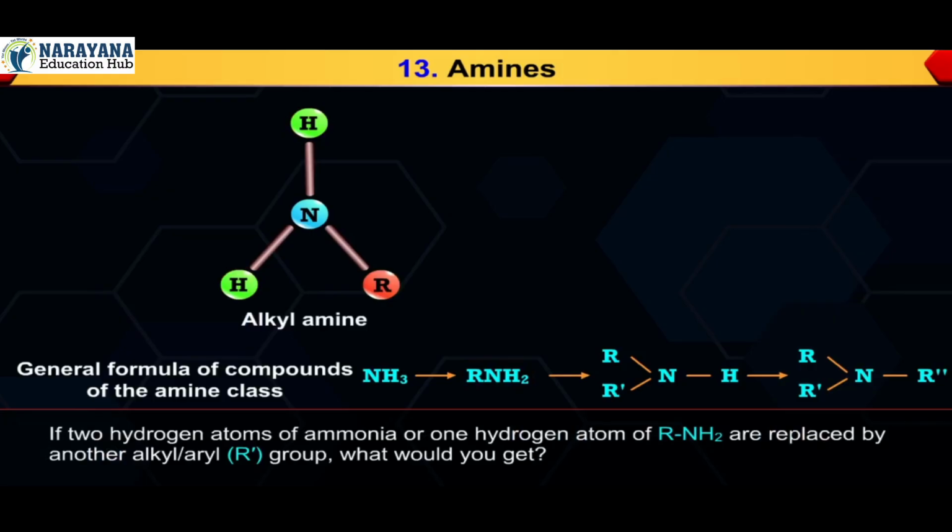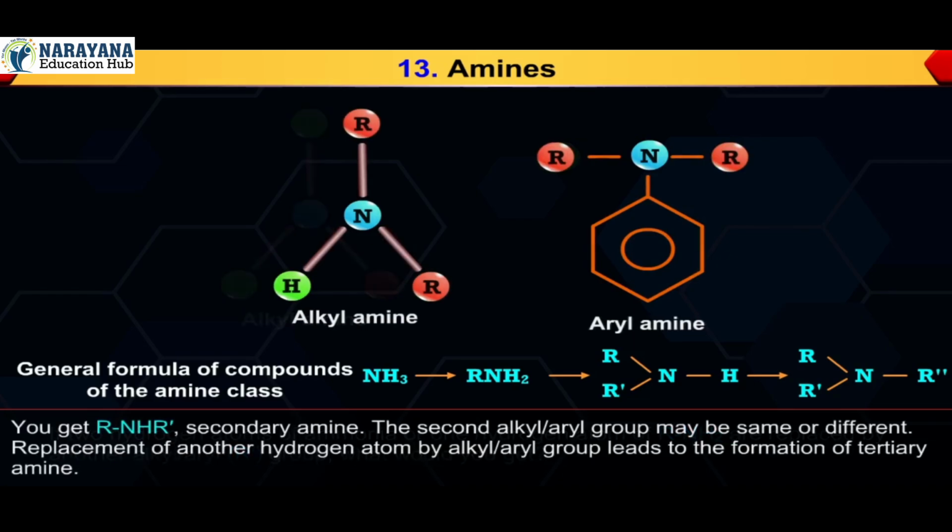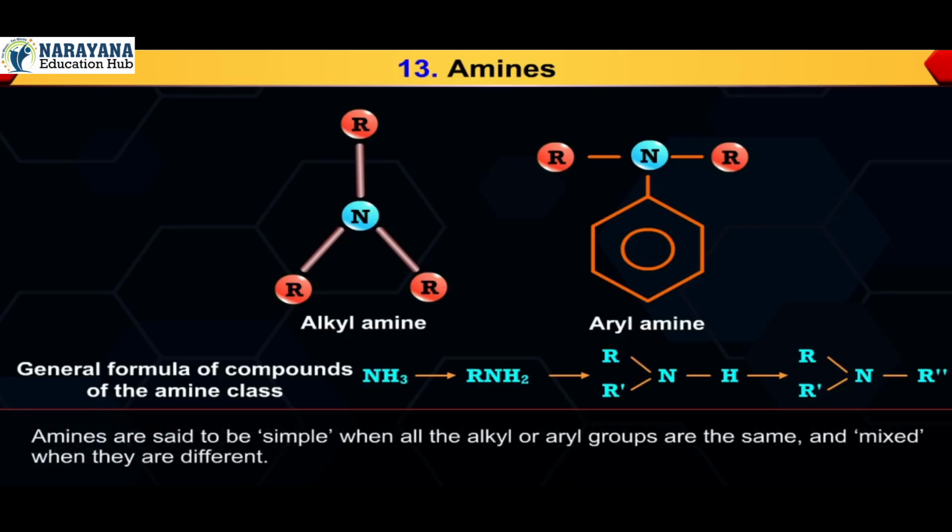If two hydrogen atoms of ammonia or one hydrogen atom of RNH2 are replaced by another alkyl or aryl, that is R' group, what would you get? You get RNHR', secondary amine. The second alkyl or aryl group may be same or different. Replacement of another hydrogen atom by alkyl or aryl group leads to the formation of tertiary amine. Amines are said to be simple when all the alkyl or aryl groups are the same and mixed when they are different.